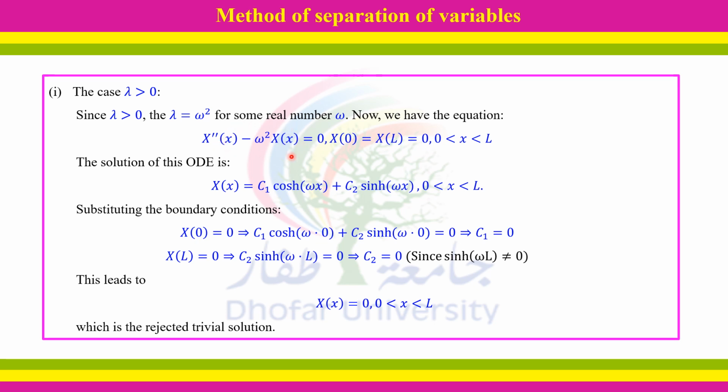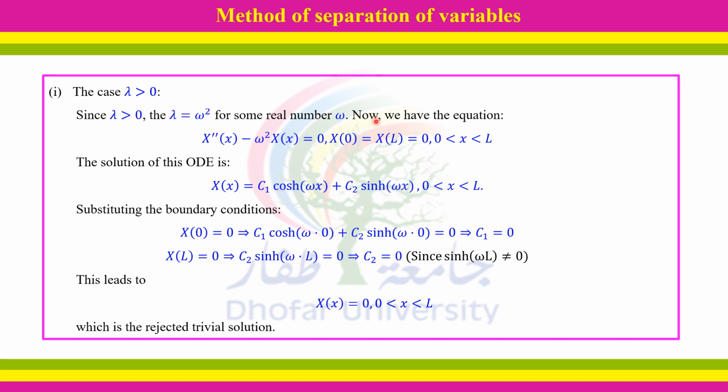And the solution for this differential equation is a linear combination of the sine and cos functions. So we can express it as C1 cos(omega x) + C2 sin(omega x).